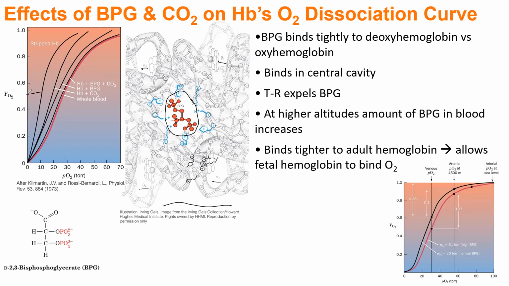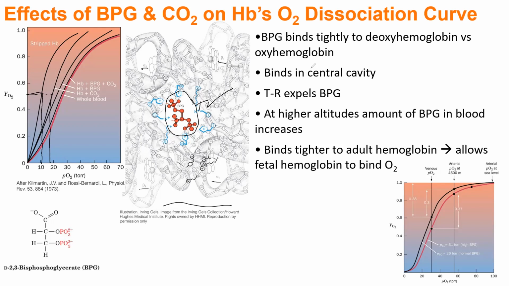So if we just have hemoglobin by itself and no other molecule, the P50 is about 11 torr. Once you add BPG, the P50 is like 18 torr. So BPG stabilizes T state, which means it's harder for hemoglobin to uptake oxygen.